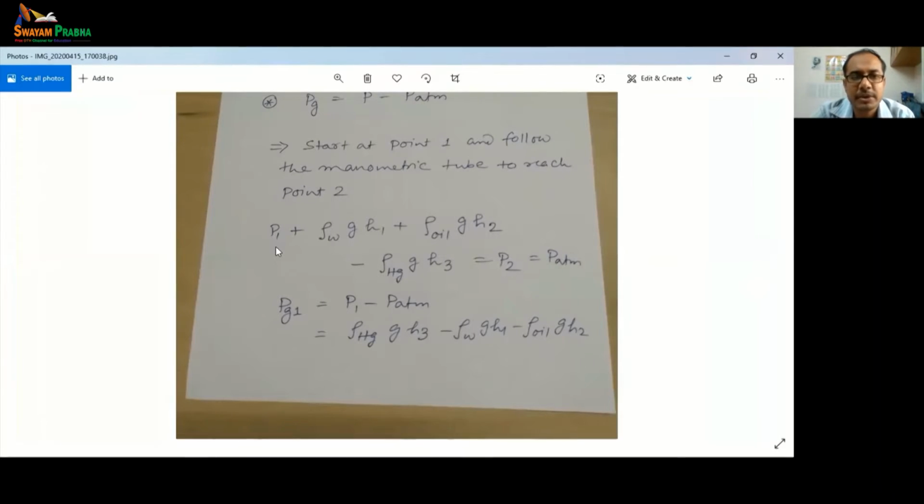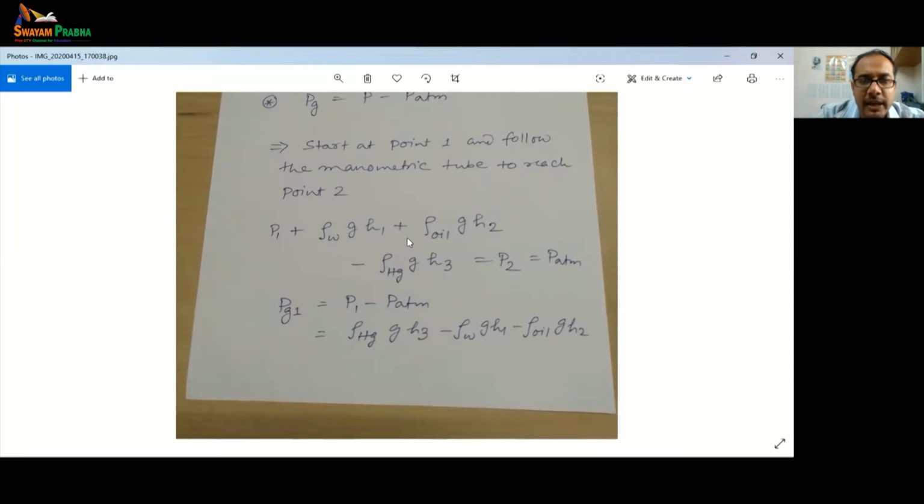Okay, so now if we start at point 1, we can write that at point 1, the pressure will be P1. This is absolute pressure, and at the end of the water column, the pressure will be rho of water multiplied by acceleration due to gravity g into h1. Because in h1 we are going deeper, this is a positive sign.